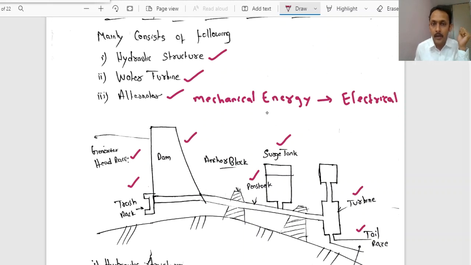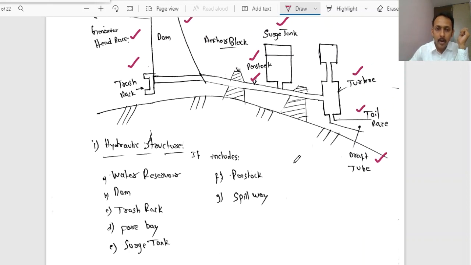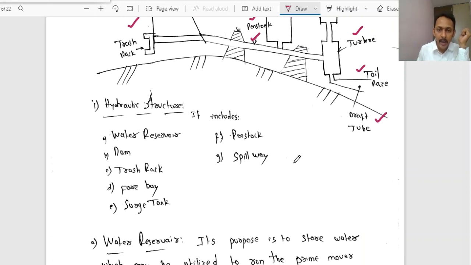Now this turbine output will be the mechanical energy. If you observe, we are going to have a dam, an anchor block, penstock, a surge tank, a turbine, tail race and draft tube, and also we are going to have a spillway. This is also one of the components of the hydraulic structure. So these are all the different components we have in the hydraulic structure.